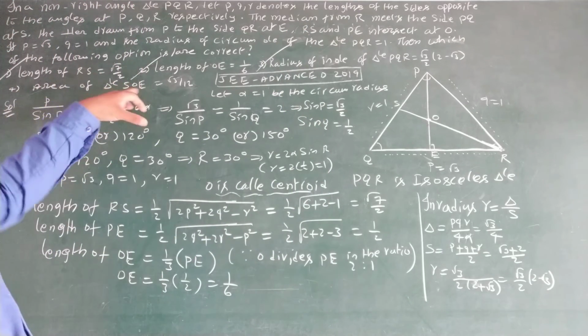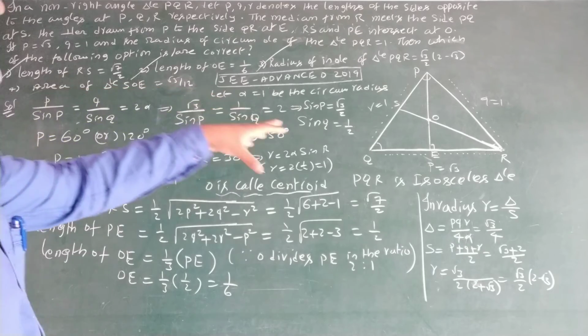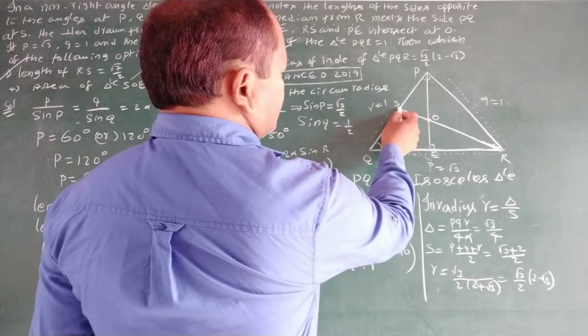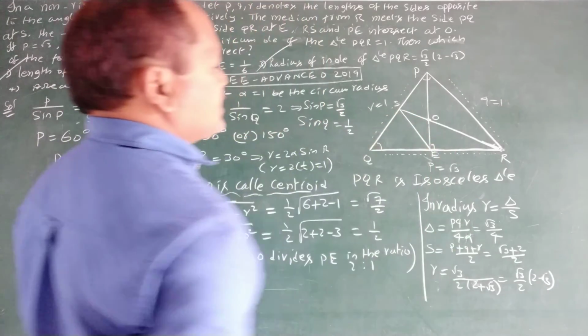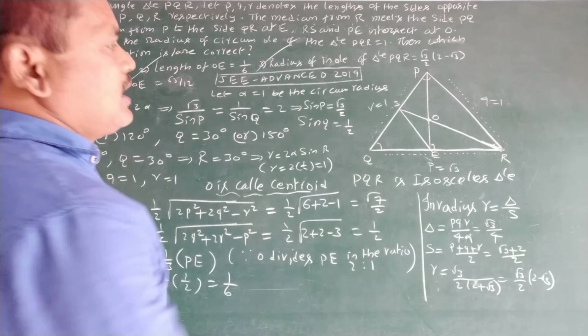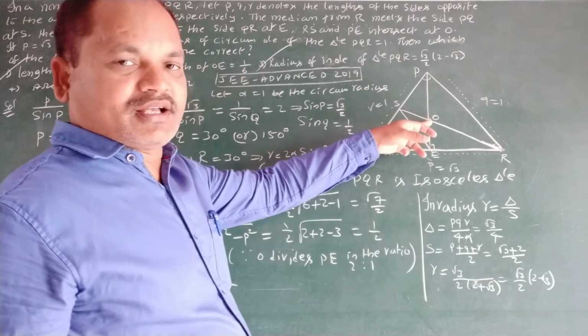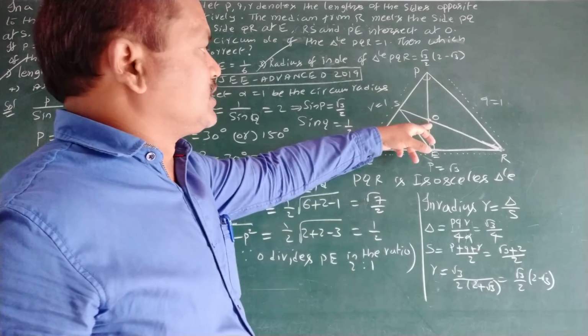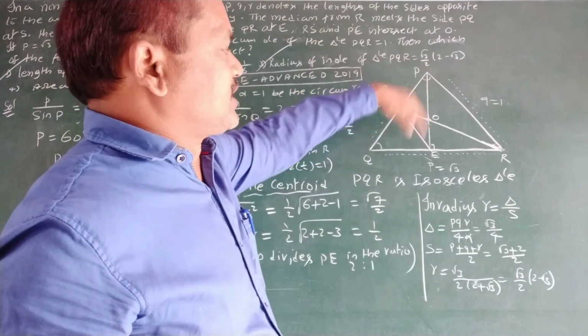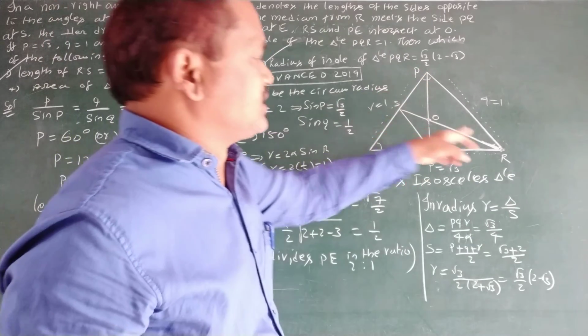Now we have to verify the area of triangle SOE. To find the area of triangle SOE, observe. O is the centroid, the point of intersection of medians. This is one median, this is another median.